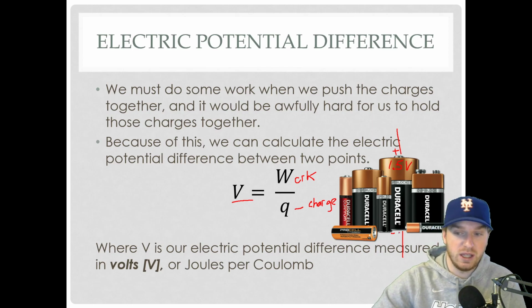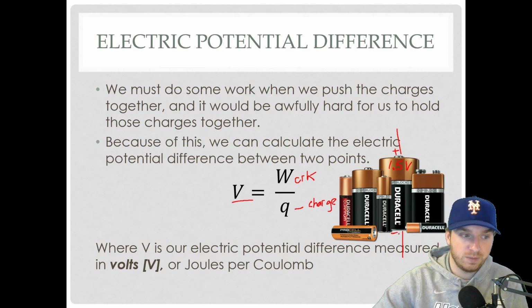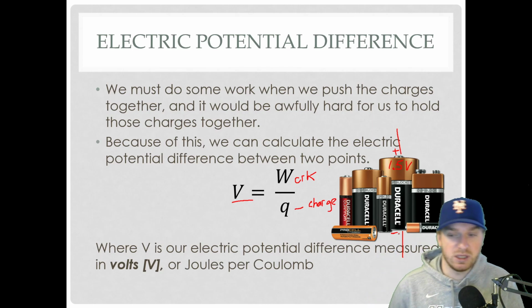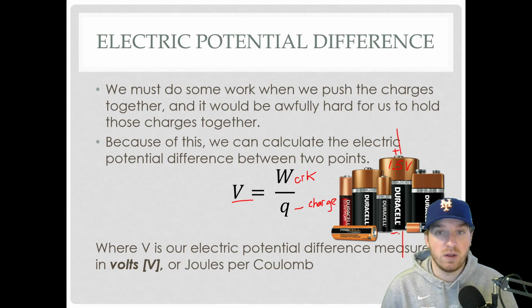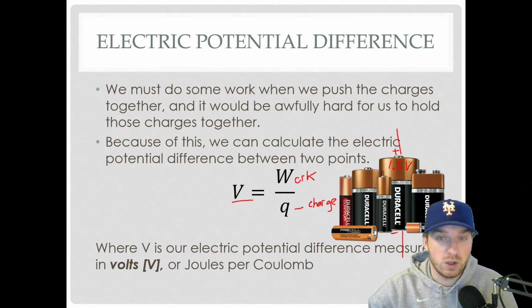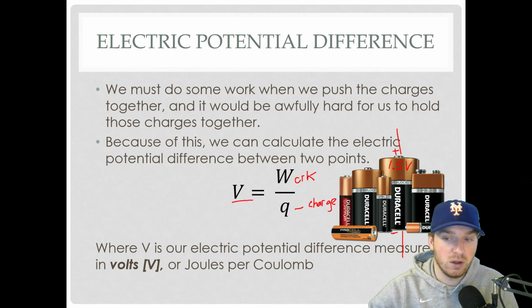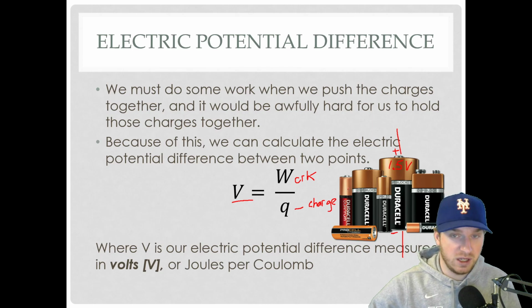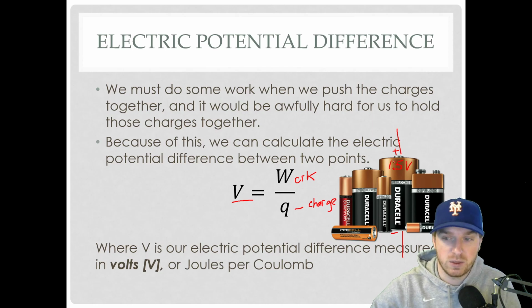It pushes the electrons the same amount based off of its electrical potential difference. This battery just has more electrons to push. It has more charge to actually push around the circuit. And so while the C battery doesn't have more of a push than the AA battery, it just has more electrons to push. Now that's an analogy that we will touch up in the next weeks.